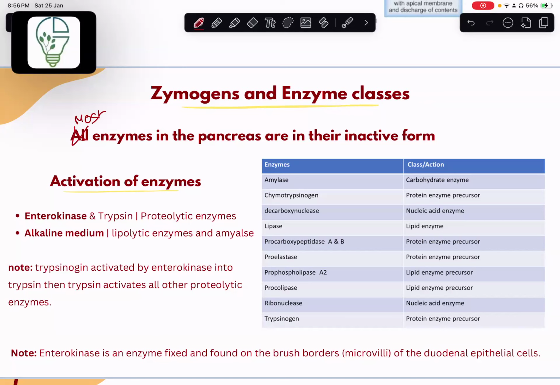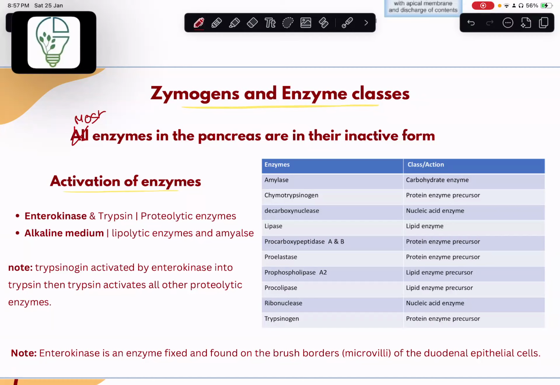Imagine the pancreas as a storage room or a storage bag for enzymes. Imagine if all types of enzymes were there, all of them active. Lipases, amylases, proteases, literally every single type of macronutrient could be lysed or broken down by those enzymes.